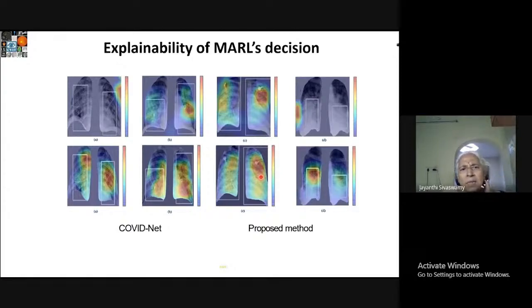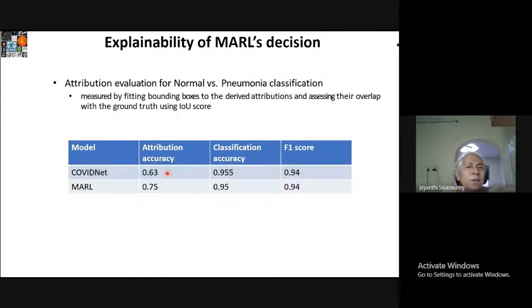Now, we also looked at the regional attribution for normal versus pneumonia by fitting bounding boxes to the attributes and how well they overlap with the ground truth. For COVIDNet, the attribution accuracy was only 63%, whereas ours was 75%. And in terms of classification accuracy, they are the same. So this is the big difference.